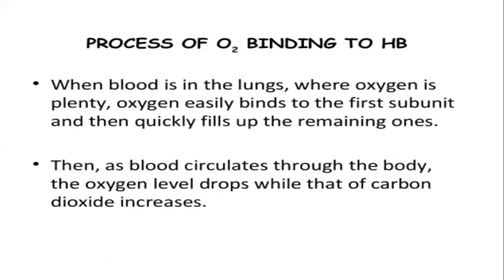And as I did mention, when the hemoglobin reaches a state where there is a lot of oxygen, which may potentially be within the lungs, it is easier and faster for oxygen to enter the hemoglobin.